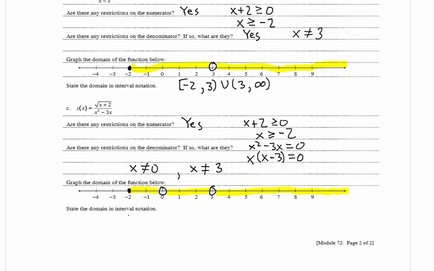And in interval notation, we would have from negative 2, including negative 2, to 0, union, 0 to 3, union, 3 to infinity. And that's all for this video on finding the domain of combined functions.